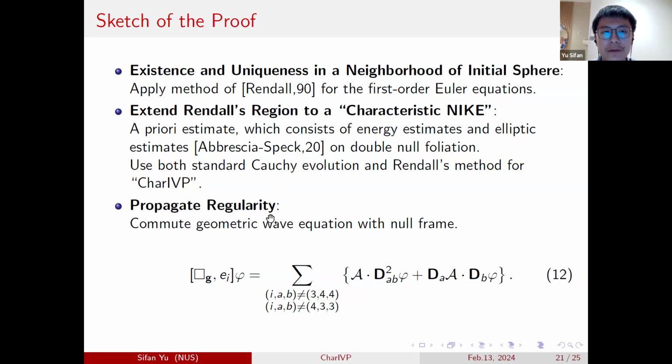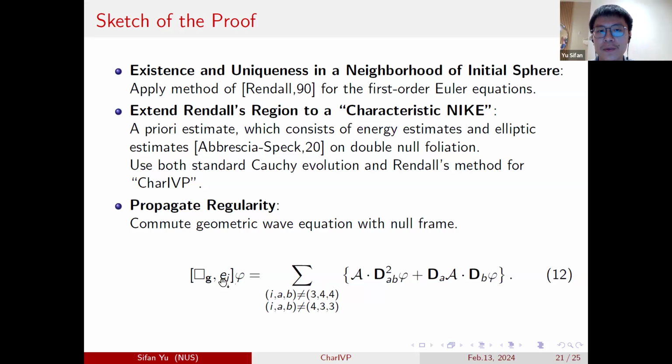Regarding propagating the regularity, I'm talking about the special case where you can propagate better regularity despite some direction being worse. This is due to commuting the geometric wave equation with the null frame. Basically, if you commute your geometric wave equation with your null frame, you will have at most one more transversal derivative.